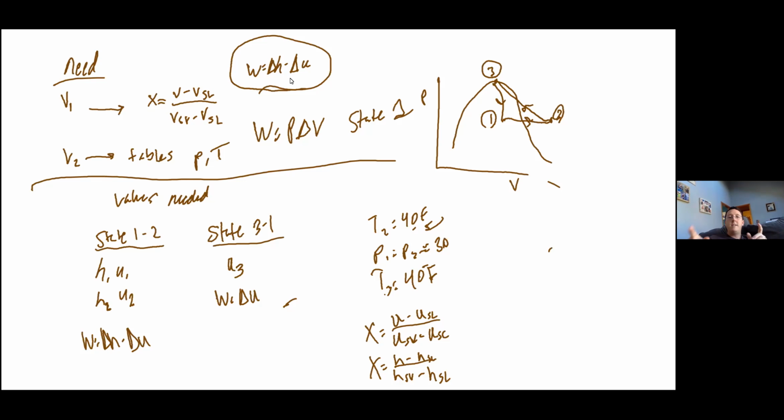There's something I forgot to say, because you had said also you could use work as P delta V. And I forgot to say why I steered you towards using enthalpy. If you do P delta V, what units will that come out in naturally? BTU. No, it'll come out in foot pounds when you just do it.